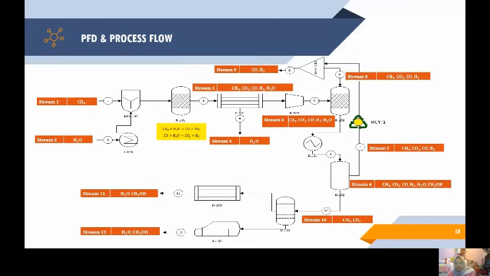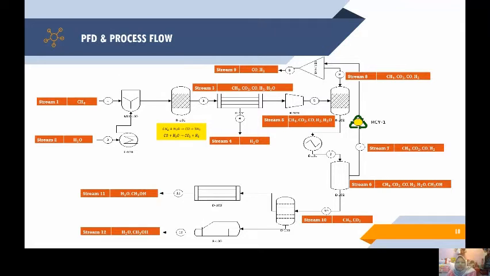So this steam reformer is used to convert methane and steam into synthesis gas. So the reactions that occur are, firstly, methane reacting with steam to produce carbon monoxide and also hydrogen. And the second reaction is carbon monoxide reacting with water to produce carbon dioxide and also hydrogen.